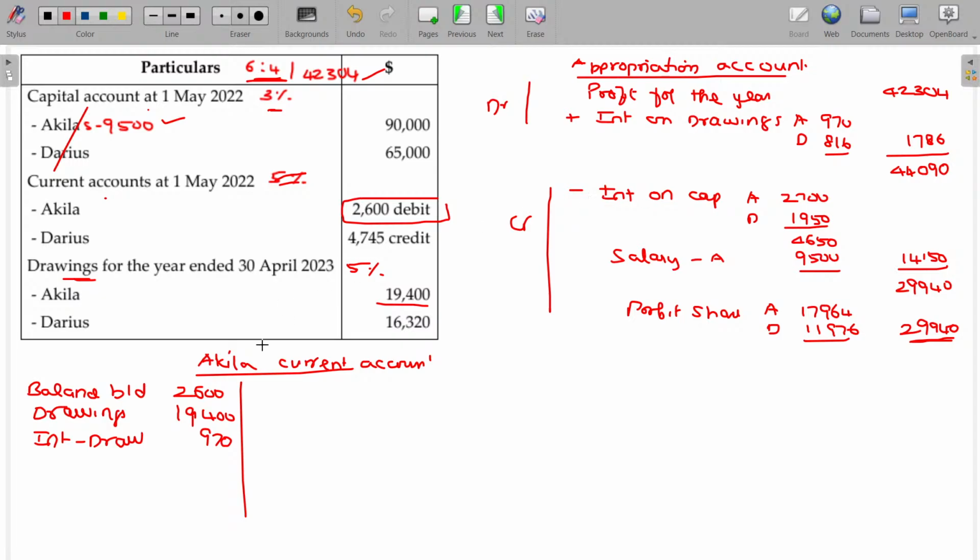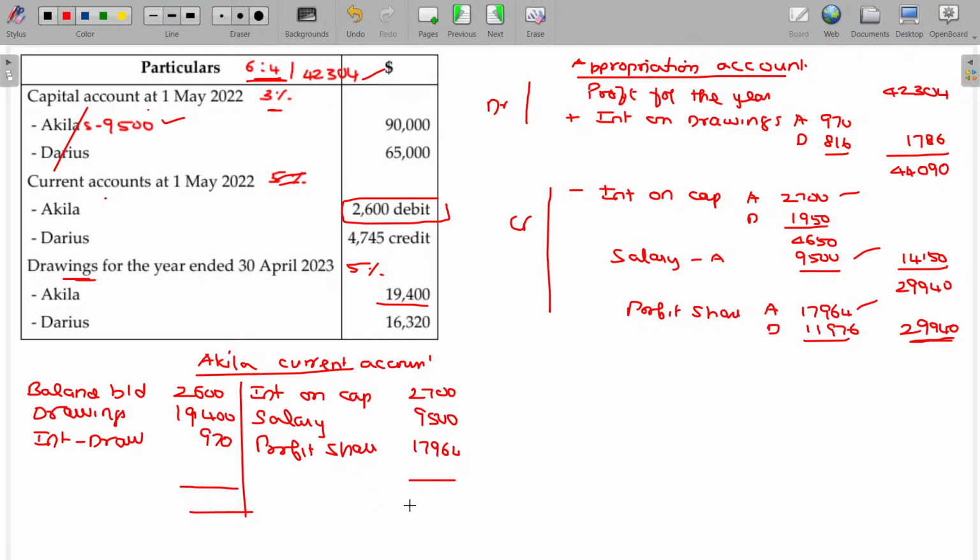Interest on capital 2,700 and salary to Aquila 9,500. Profit share 17,964.